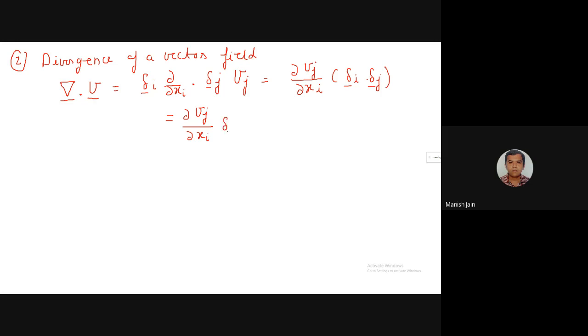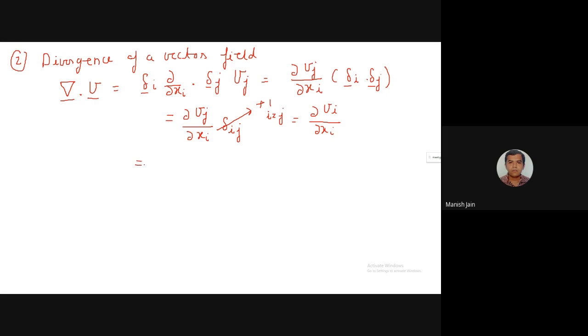It becomes the Kronecker delta δ_ij, and δ_ij equals 1 when i equals j, otherwise it is 0. So you have to replace i with j. This becomes ∂V_i/∂x_i. Here i is a dummy index, and there is a summation over i.